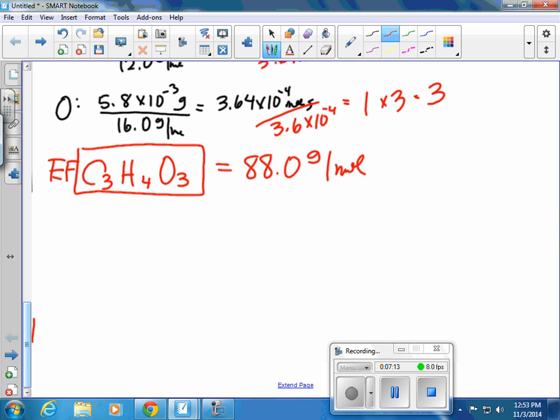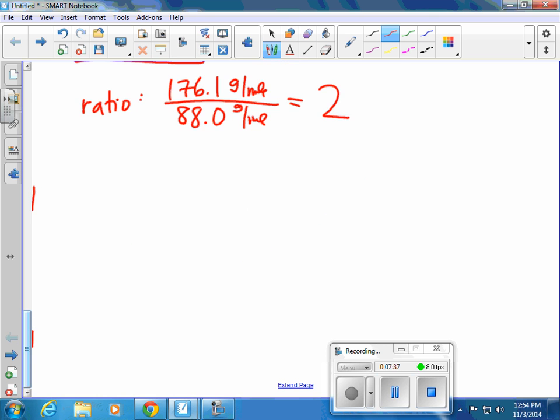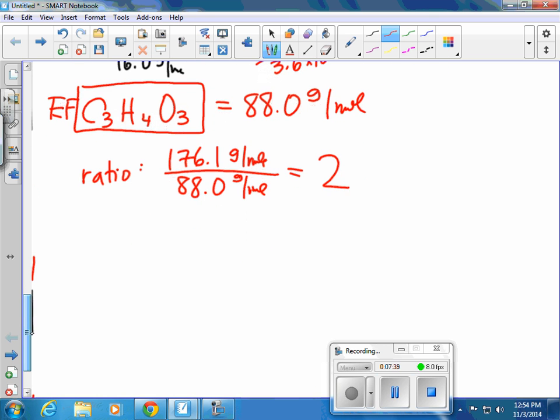The problem tells us the molar mass of the compound is 176.1 grams per mole. My empirical formula is not the same, so my molecular is going to be different, and this ratio equals 2. So I need to multiply everything in my empirical formula by 2 to get my molecular.